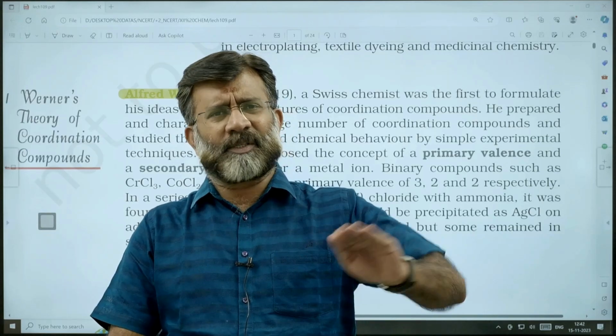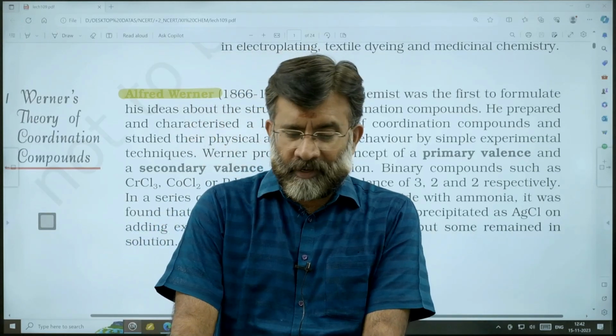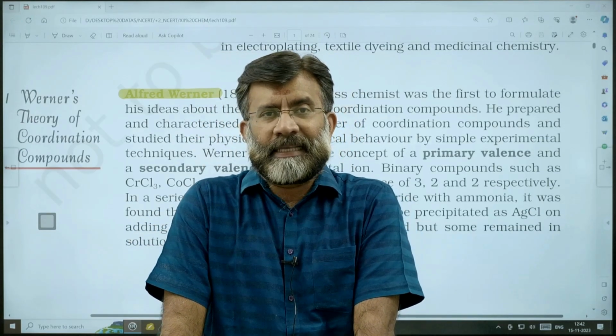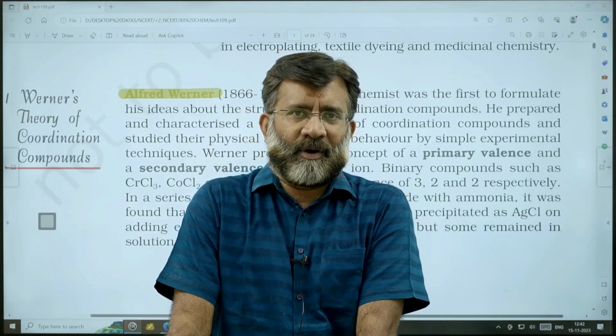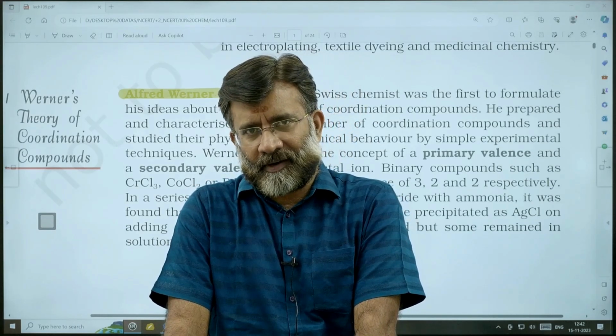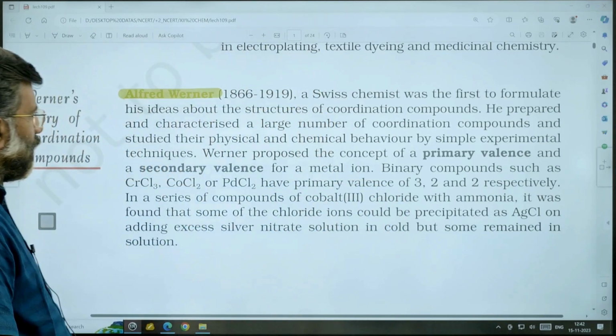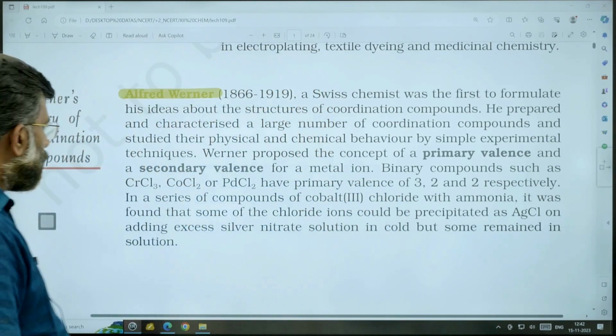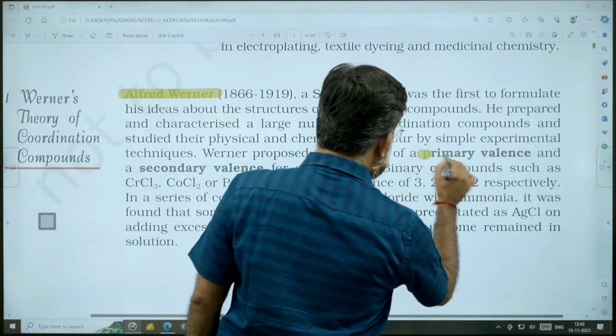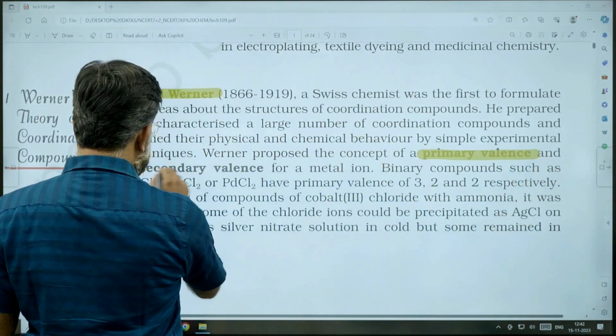In fact, the first valid theory concerning coordination compounds was given by Alfred Werner: Werner's coordination theory. He proposed the concept of primary valence and secondary valence.